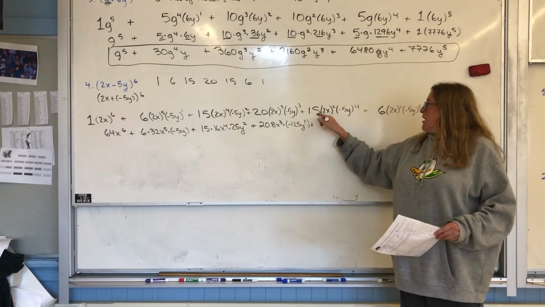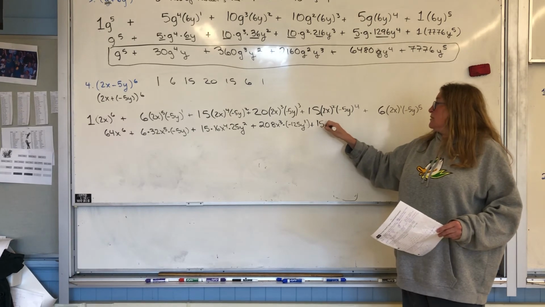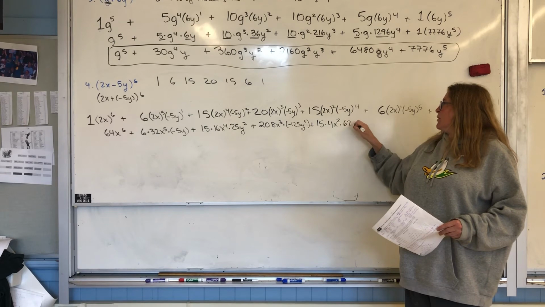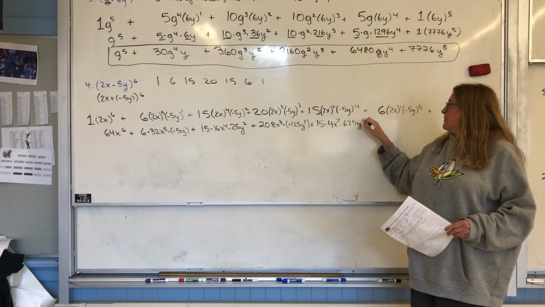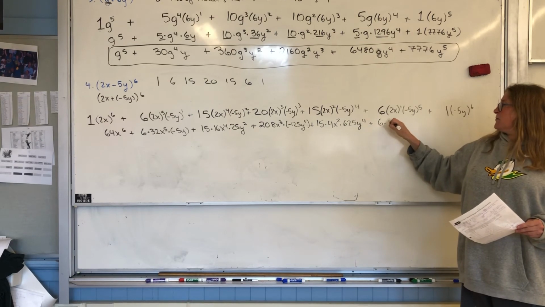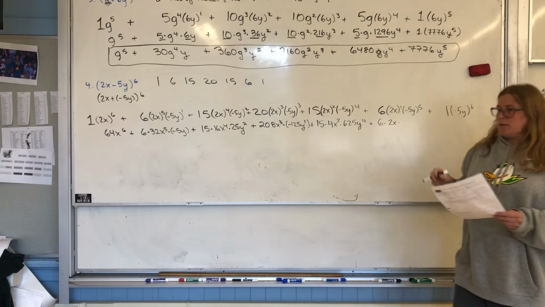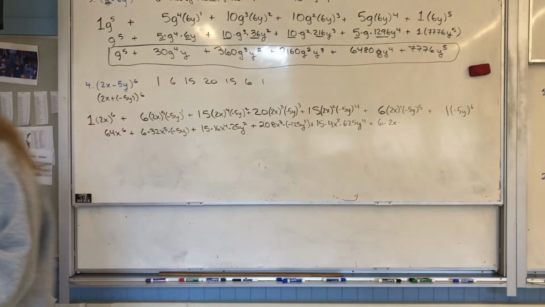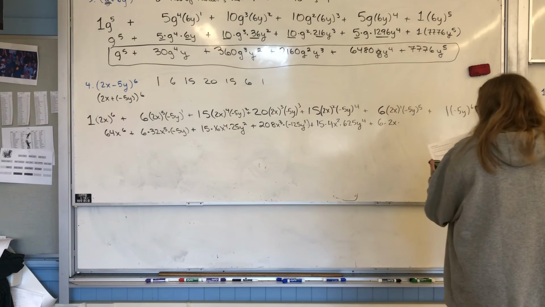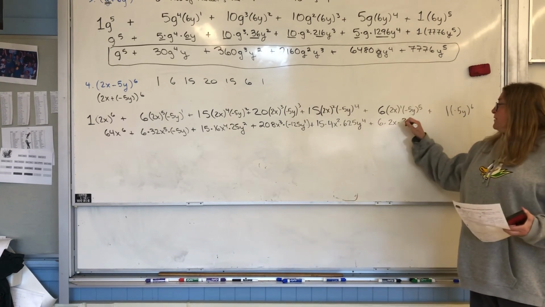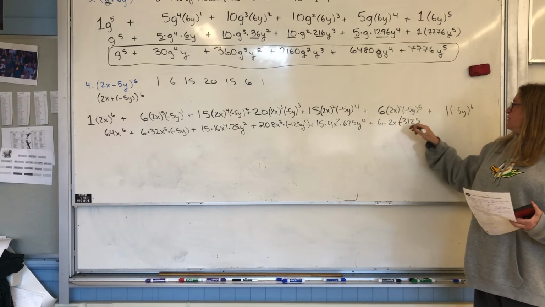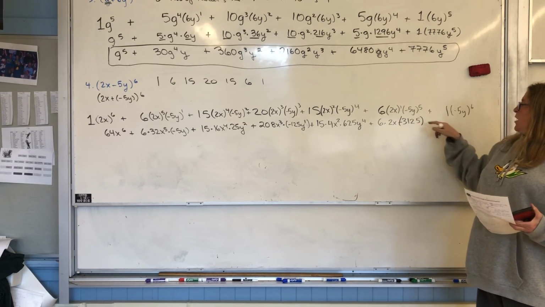Right here, I've got 15 times 4x squared times 625y to the 4th. Here I've got 6 times 2x times, what's 5 to the 5th? 5 to the 5th is 3125, and that's negative 3125 y to the 5th.